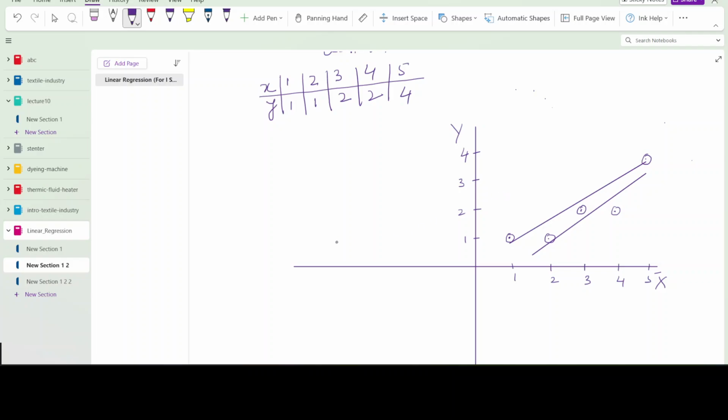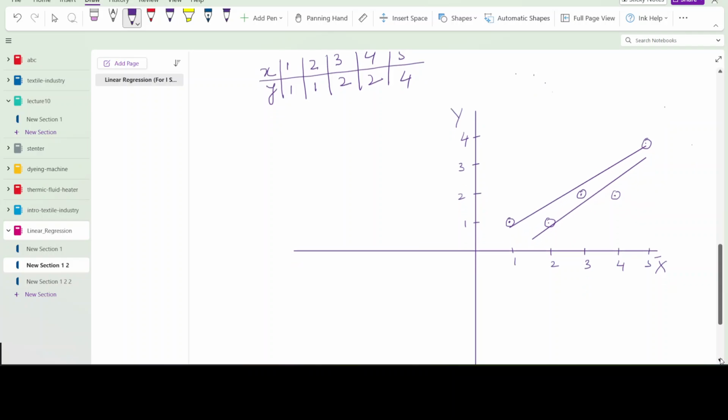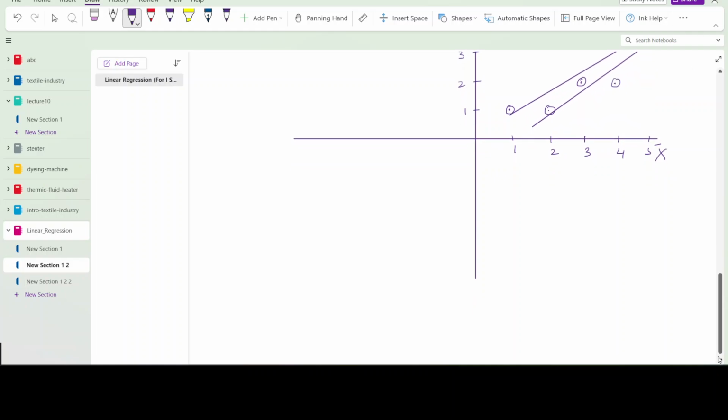So it is important to define what the best fit line will be, so that the difficulty arising due to individual judgment can be done away with.